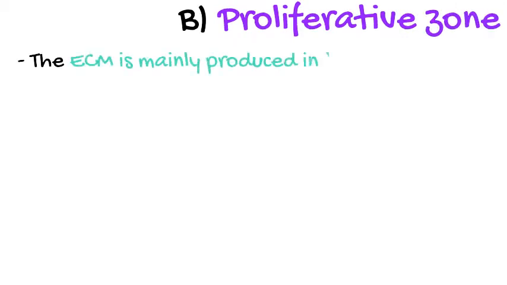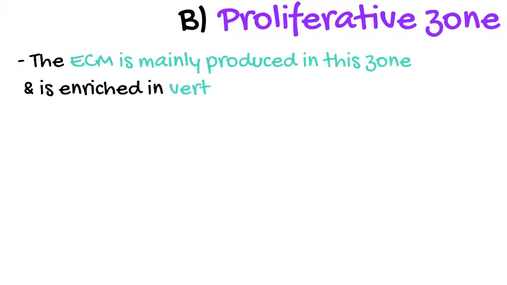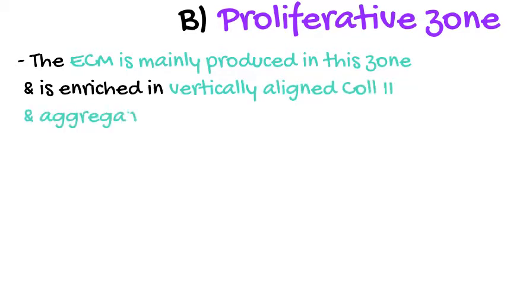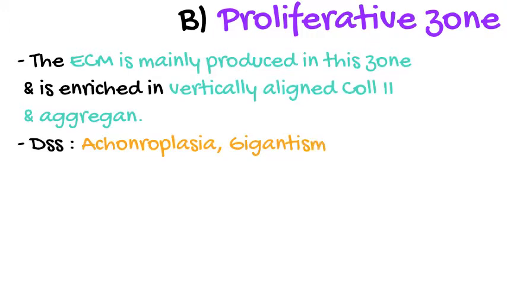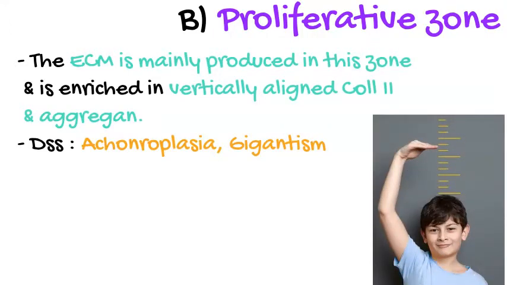The extracellular matrix, ECM, is mainly produced in this zone and is enriched in vertically aligned collagen type II and aggrecan. Diseases associated with the proliferative zone are achondroplasia and gigantism.